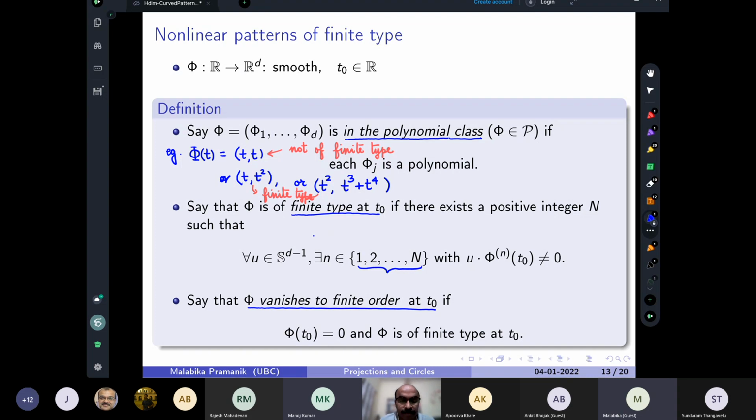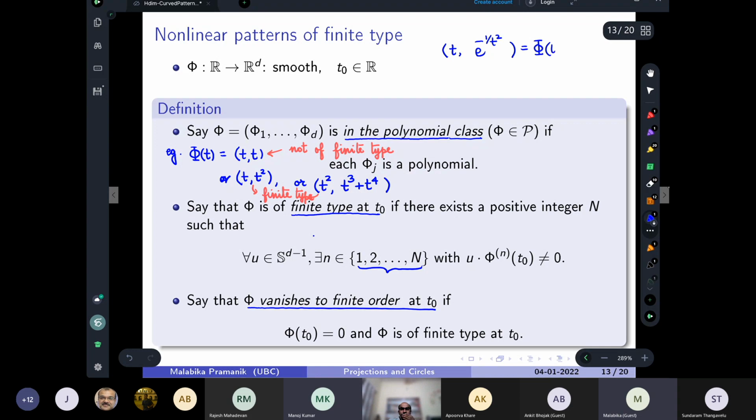So here is an example of a smooth function. Let's say you have x comma e to the power of minus 1 over x square. Suppose this is my phi of x, or phi of t: t comma e to the power minus 1 over t square. This is my phi of t, this is smooth, and this vanishes at t equal to 0, but not of finite type.